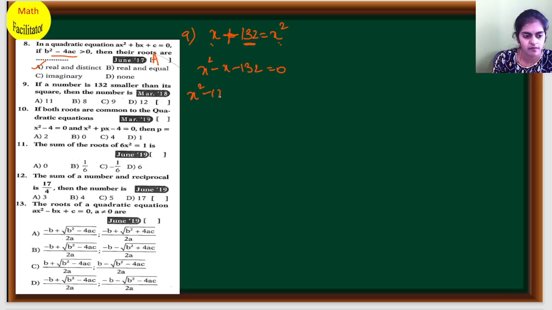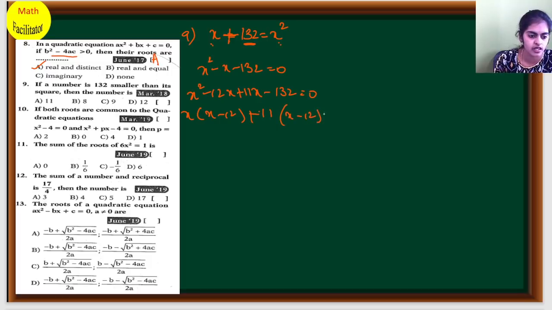So you can write x square minus 12x plus 11x minus 132 equal to 0, and take x common, so it is x minus 12, and take 11 common, so plus 11 into x minus 12. So the number can be x equal to minus 11 or 12. Here we take only 12 as the correct answer because you have plus 11 here.